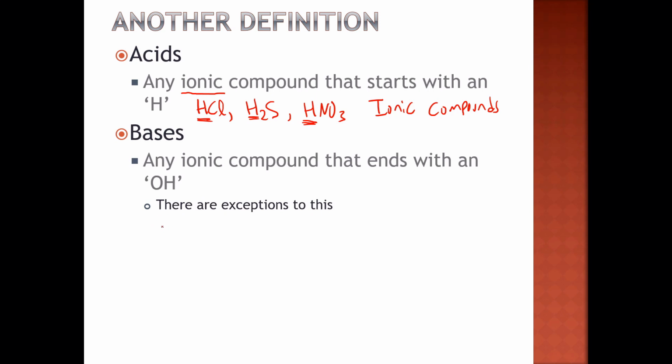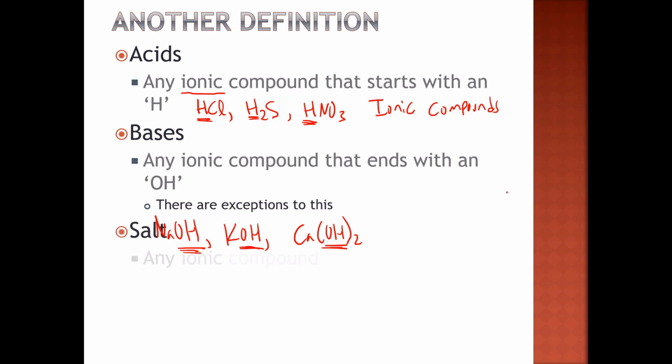Examples would be sodium hydroxide, that's a base, or potassium hydroxide, calcium hydroxide. These are all examples of bases because they all end in OH. But again, there are lots of exceptions to this. Quite a few bases don't actually end in OH, but they're still considered bases because of the other definition, where they create hydroxide ions when they're put in water. So keep that in mind.